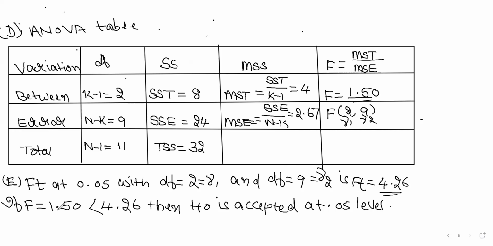F equal to 1.5 compared with 4.26: 1.5 is smaller than 4.26, which means the calculated value of F is smaller than the table value. Then the hypothesis is accepted at the 0.05 level. And suppose F comes to 8, 8 is greater than 4.26. In that case, H0 is rejected. Yes, this is the total answer, my dear students. Wish you good luck. Have a nice time. Good day.